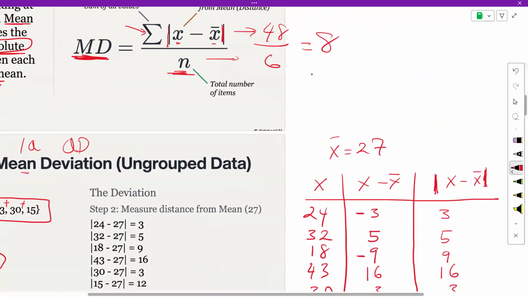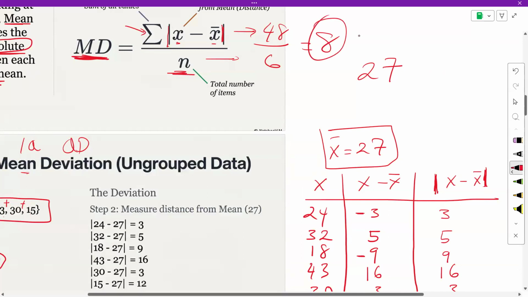So what does it mean? We found the mean deviation. We already calculated the mean is 27, and here the mean deviation is 8. So in this data set, most of the values may range from plus or minus 8.